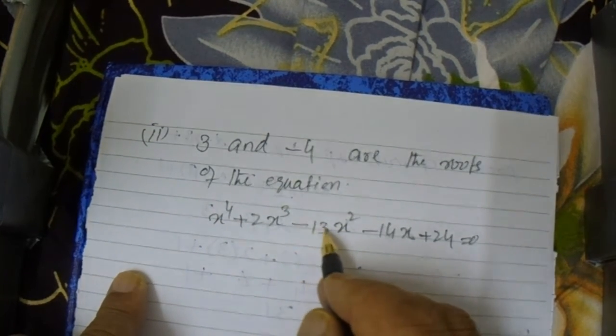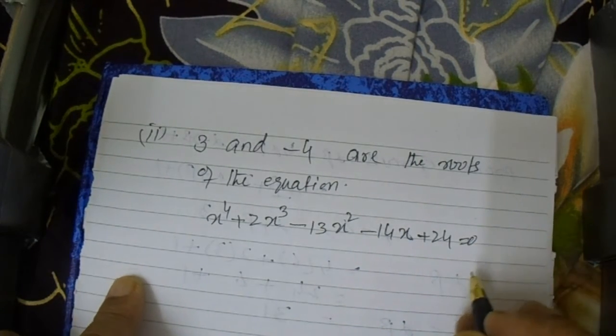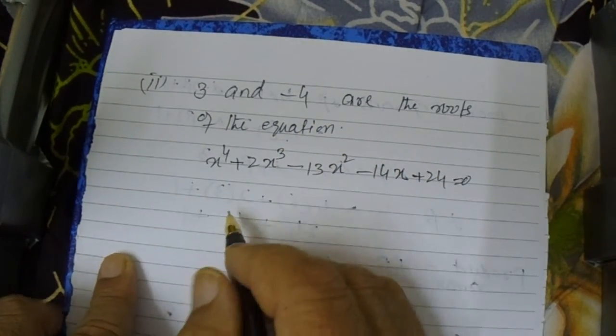x⁴ plus 2x³ minus 13x² minus 14x plus 24 is equal to 0, and 3 and -4 are the roots of this equation.